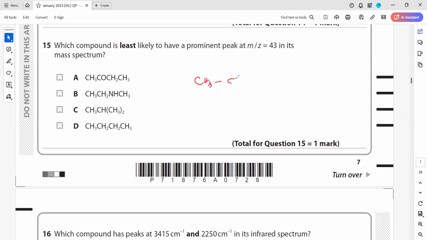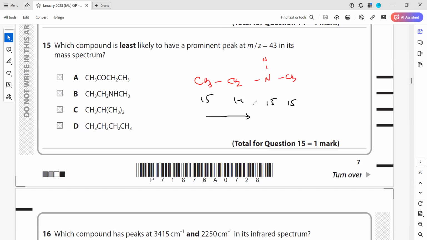CH3, CH2, NH, CH3. So this total mass is 15. 14 plus 1 makes 15, and 14, and then 15.